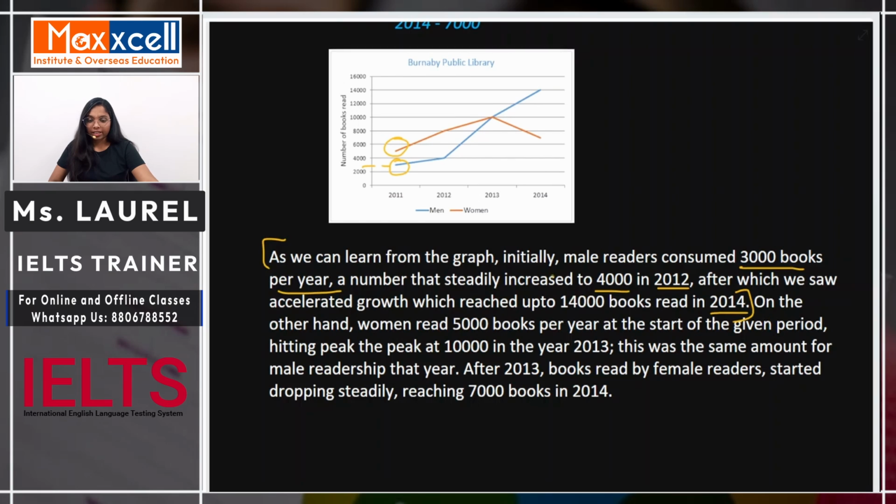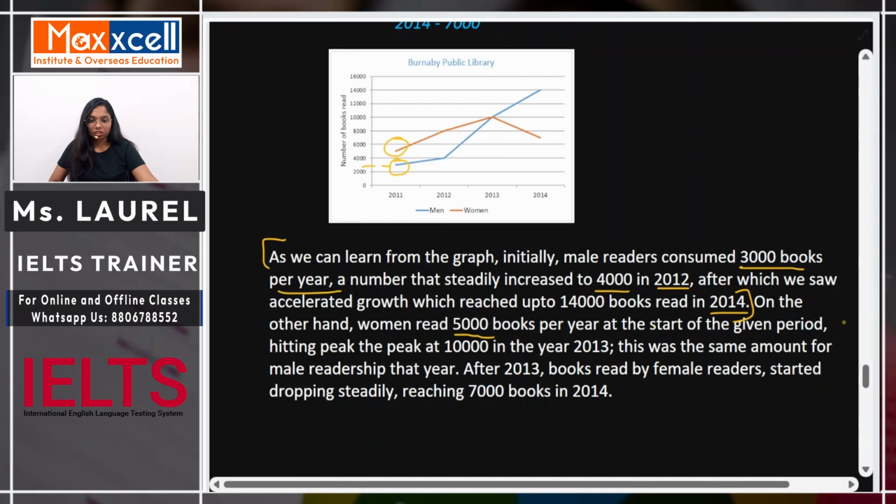Then coming to the next part, which is on the other hand. Now for the women, on the other hand, women read 5,000 books per year at the start of the given period, so we have taken the starting point here.